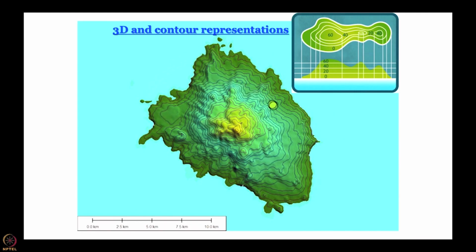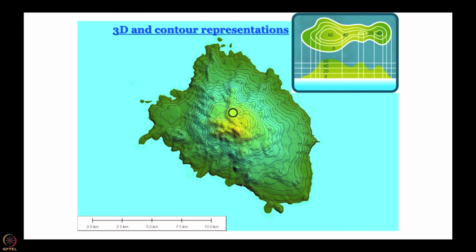What you see here is the map of an island. Here the island is shown in relief. Looking at the color coding, you can see that this is the peak, and then this is a ridge, and as you go in this direction or this direction or this direction radially out, the height decreases, and the small lines that are there, these are the contour lines.